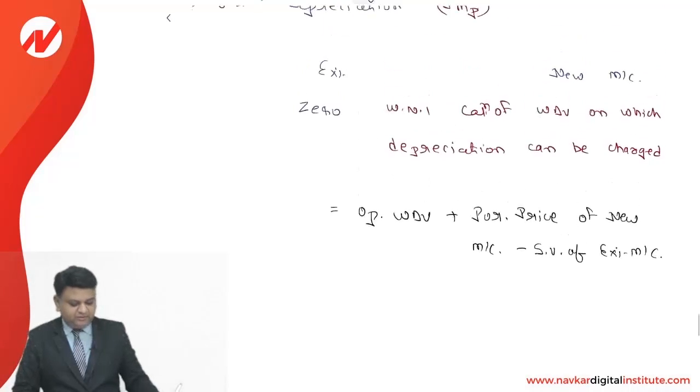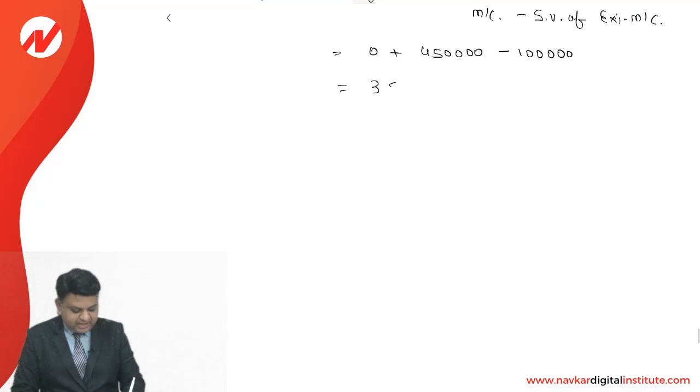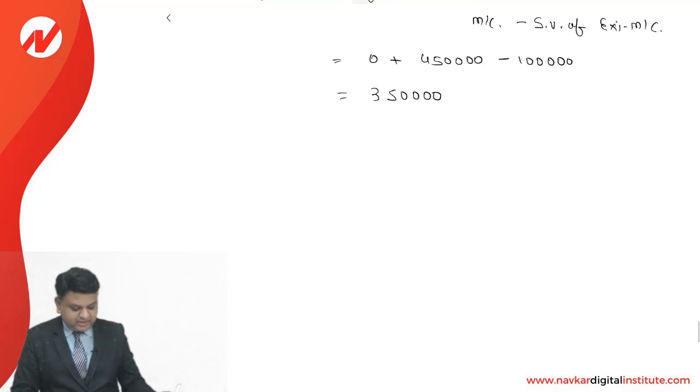This is the WDV on which you can claim depreciation. So what is opening WDV? 0, because we have to take it from the tax point of view. Purchase price of the new machinery is 4,50,000 minus sale value of existing machinery, 1 lakh. So 3,50,000 is the amount on which you can claim depreciation.